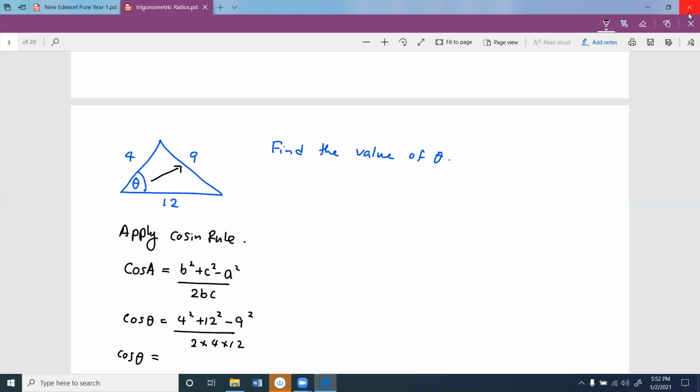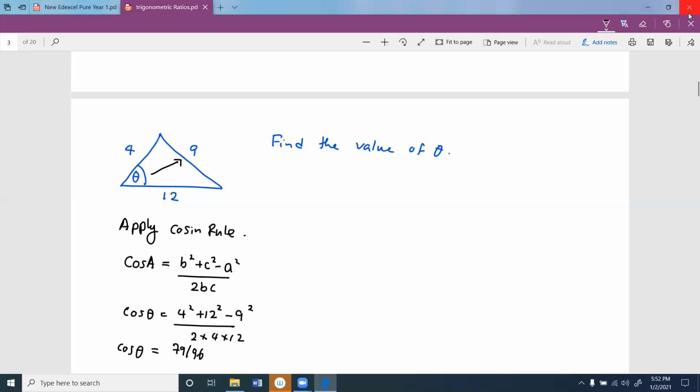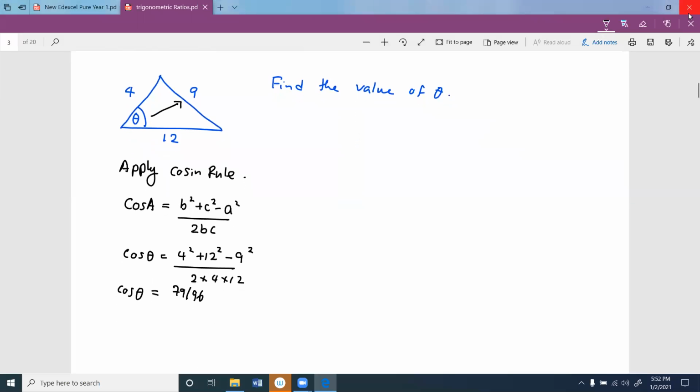So theta equals cos inverse of 79 divided by 96, which is 34.62. So the answer is 34.62.